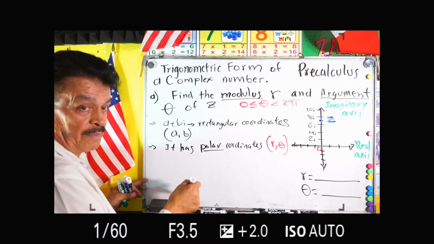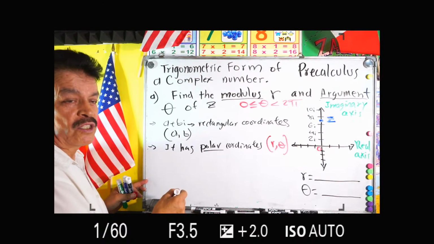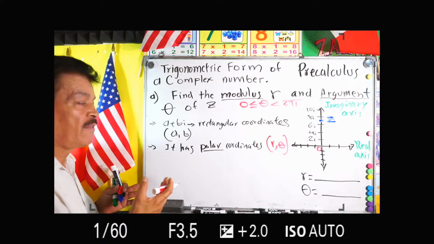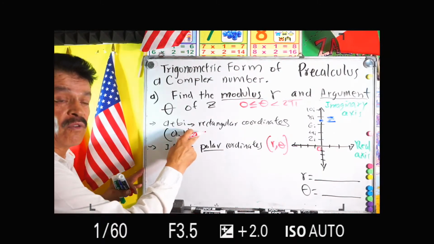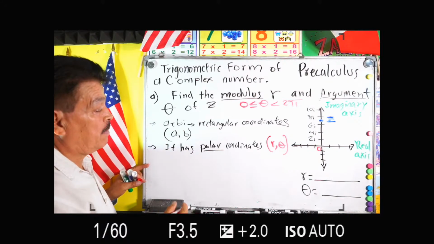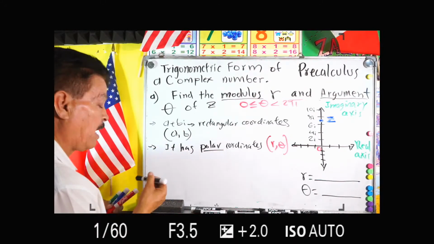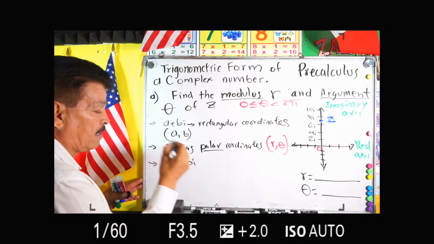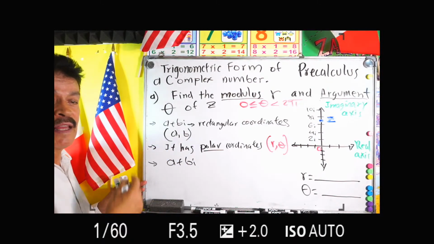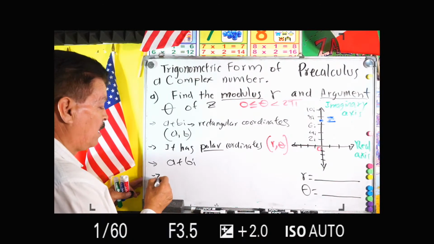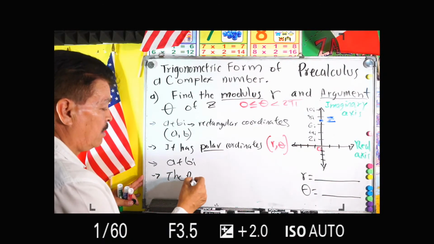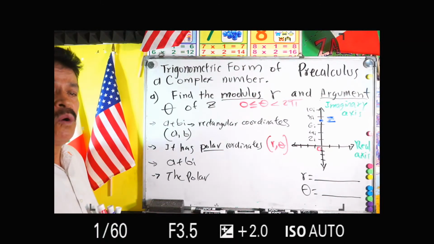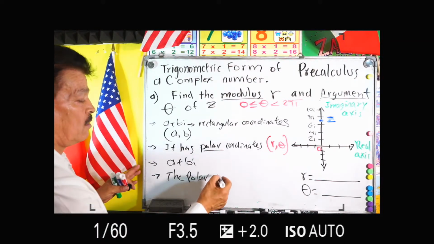Complex numbers are usually written in rectangular form, a plus bi. The polar form, or trigonometric form, is the other way.